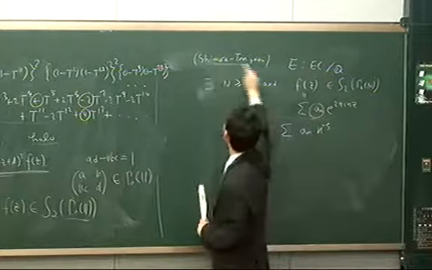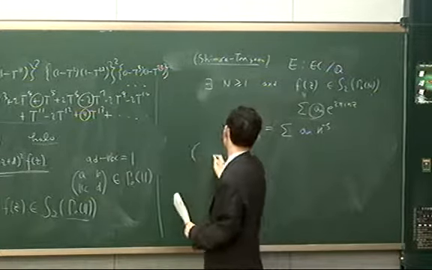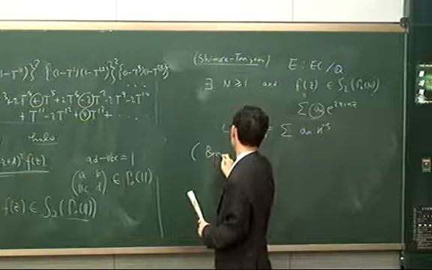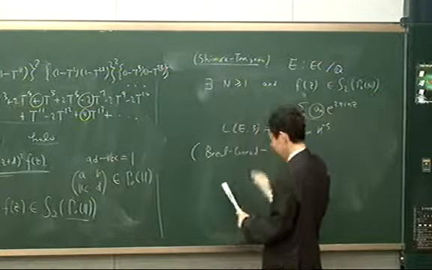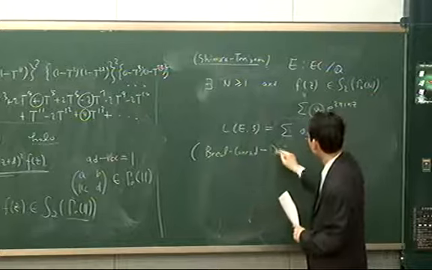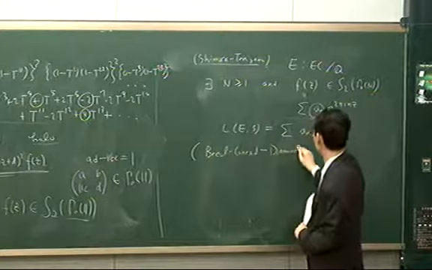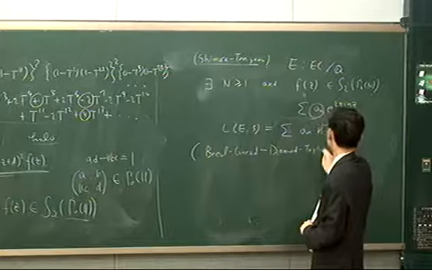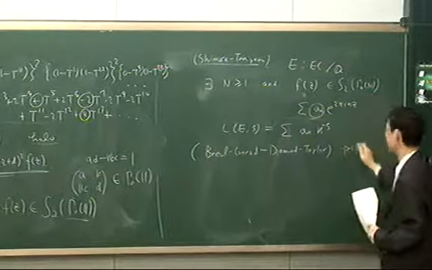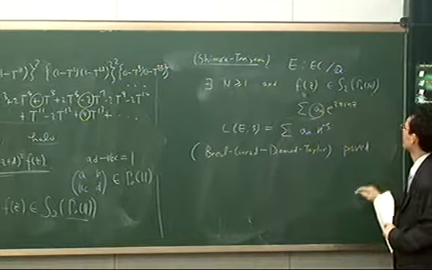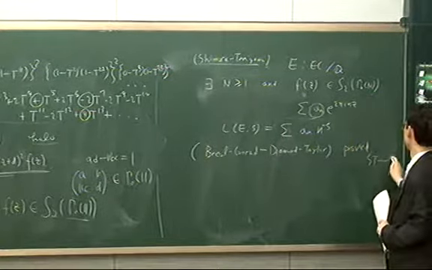And this conjecture was proved by Breuil and Conrad and Diamond and Taylor. These four mathematicians proved the Shimura-Taniyama conjecture.